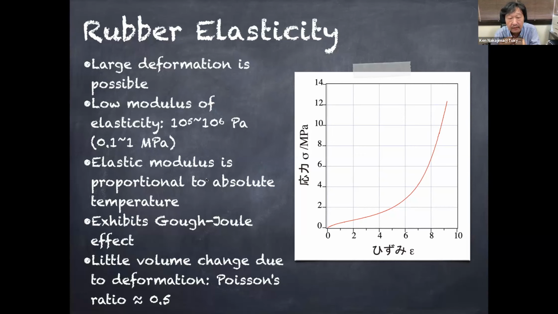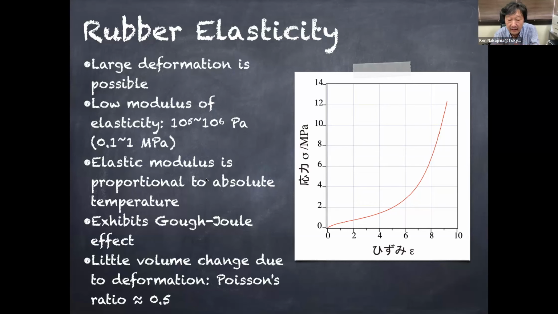You can check it if you wish. Now you also understand from the microscopic viewpoint: because when the temperature gets higher, polymer chain movement becomes very, very active, they further try to shrink. That's the reason why this modulus value increases. And we did a small experiment together, the Gough-Joule effect. This only happens in rubber samples.